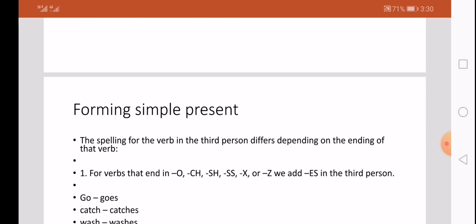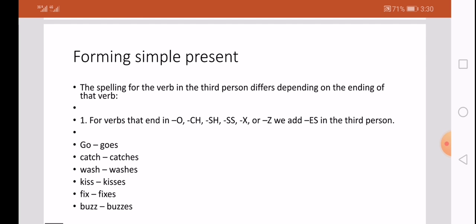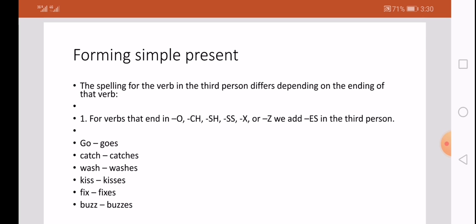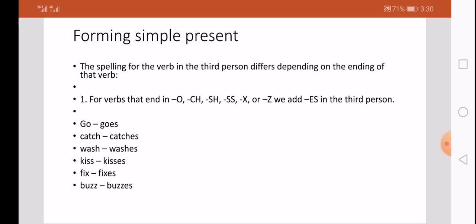Here, forming simple present, the spelling of the verb in the third person differs depending on the ending of the verb itself. For verbs that end in these letters, O, CH, SH, S, X, or Z, we add ES in the third person.